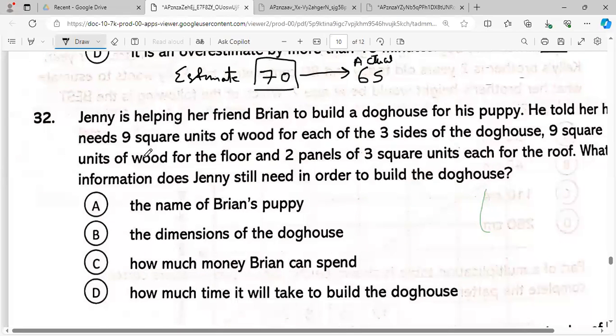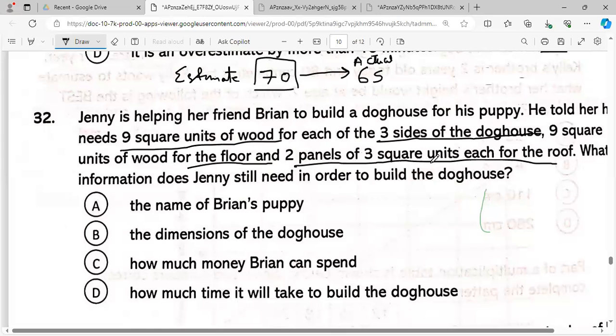All right. Somebody said to you, there's 9 square units of wood for each of the 3 sides of the doghouse, and then 9 square units of wood for the floor. These are specific information, 2 panels of 3 square units for each roof. Isn't it specific measurement though?